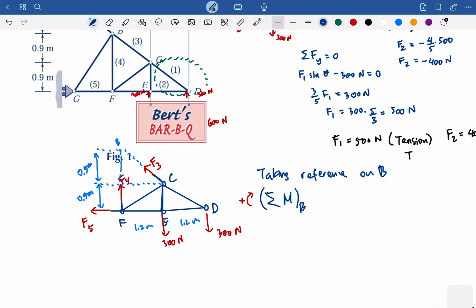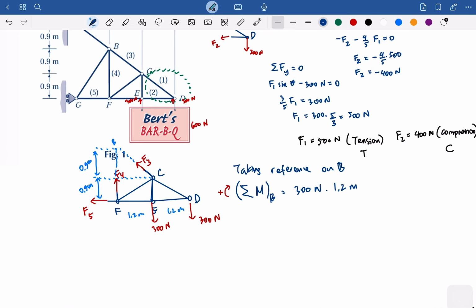B is here. Okay, so 300 going here, so only 1.2. So 300 Newton multiplied by 1.2 meter, and the rotation is the same, so positive. And then another one here, it will be this much, 2.4, right?